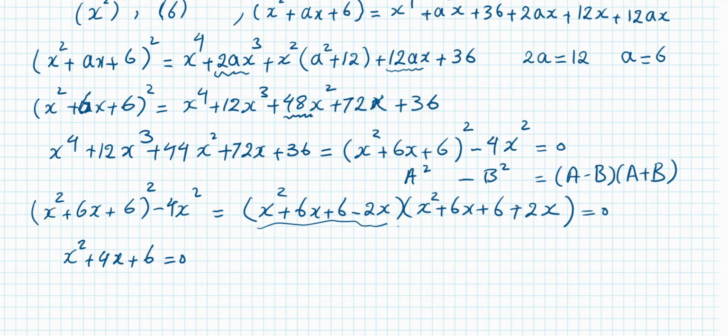So that is a minus b, or this equation here, and x would be equal to, we use the standard method, solution of quadratic equation. A is 1, b is 4, and c is 6.